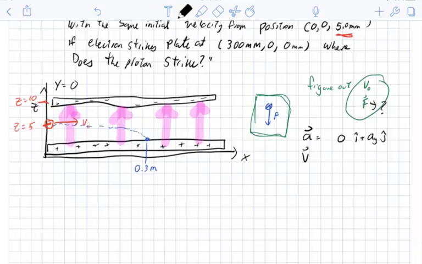I don't know what the initial velocity in the x direction is, but I do know the initial velocity in the y direction is 0.